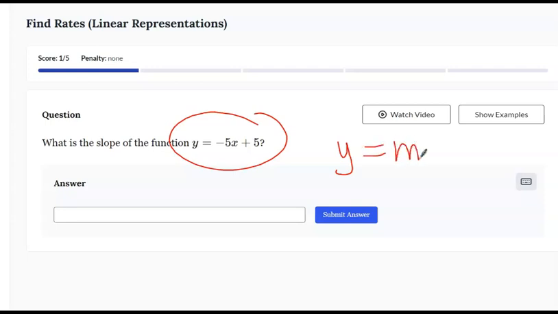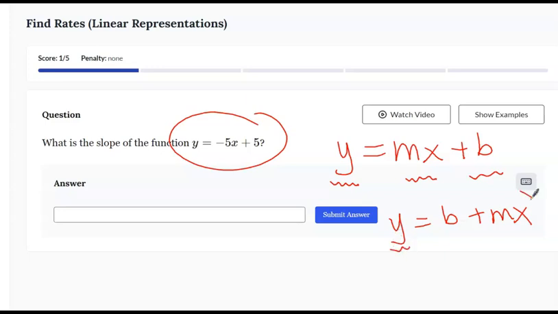And in a linear equation, if it is written in this order, where the y is alone, and on the other side of the equal sign you have an x term and a constant term, then, and only then, if it's written in this format, or if it's written in this format, as long as y is isolated and everybody else is on the other side, wherever the x is, its coefficient is the rate of change.